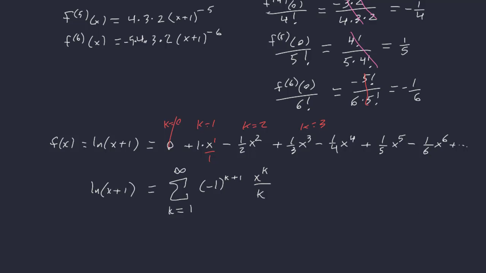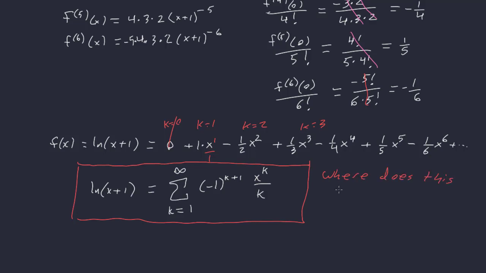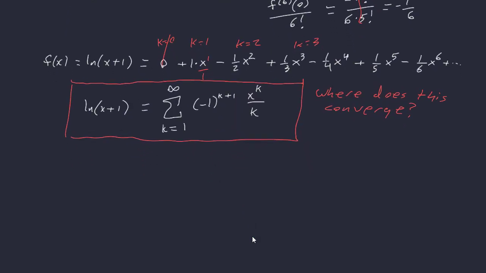All right, so there's the series for the natural log of x plus 1. The next question is, where does this thing converge? All right, well, we'll use the tricks we talked about last time, I'm thinking ratio test here.